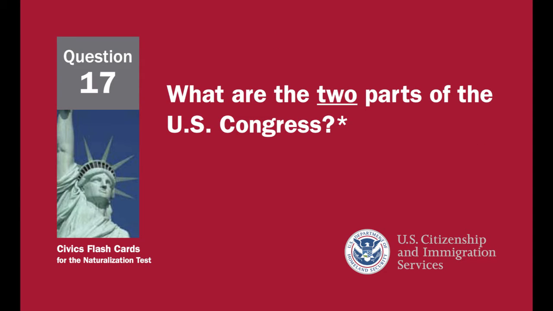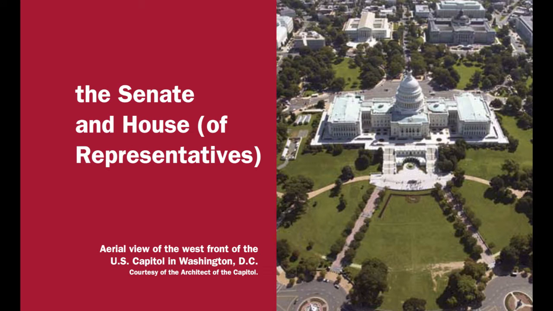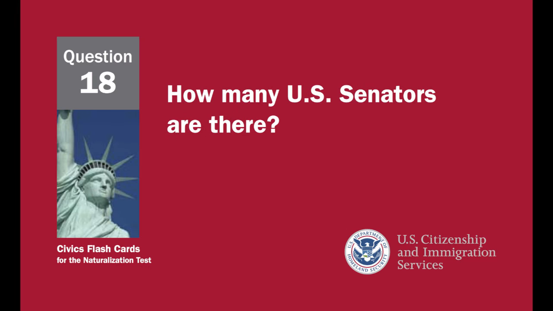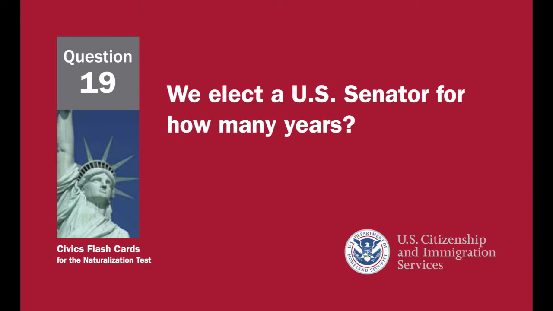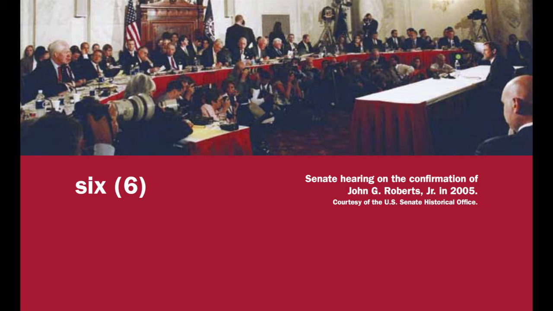What are the two parts of the U.S. Congress? The Senate and House of Representatives. How many U.S. senators are there? 100. We elect a U.S. senator for how many years? 6.